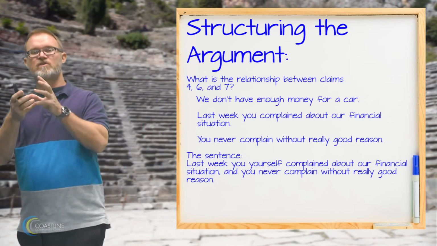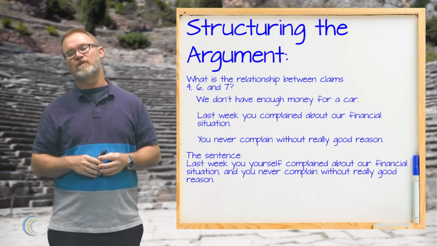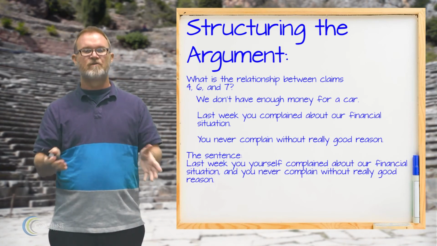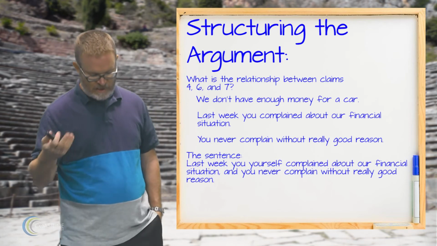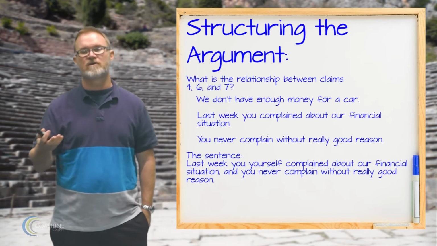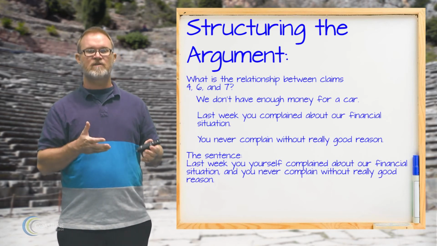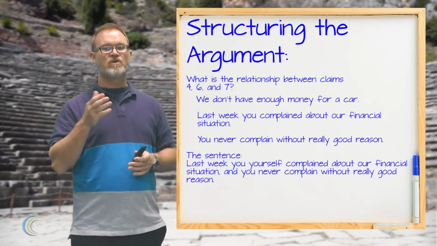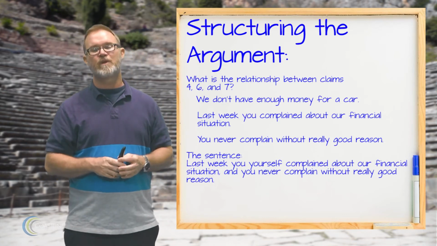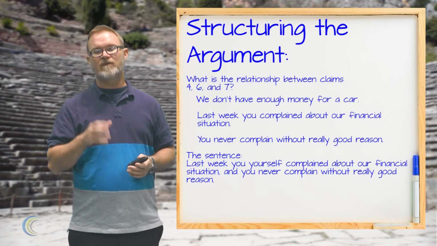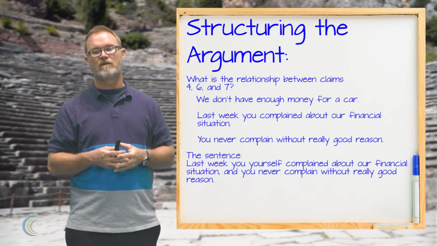So now, we know that 6 and 7 are reasons for 4, so the question is, are they independent reasons for 4 or dependent? And I think the place to see how this question is answered is to again look back at the passage, right? What it says is, last week you complained about our financial situation and you never complained without really good reason. In this case, the "and" is telling us that these things are cooperating, right?